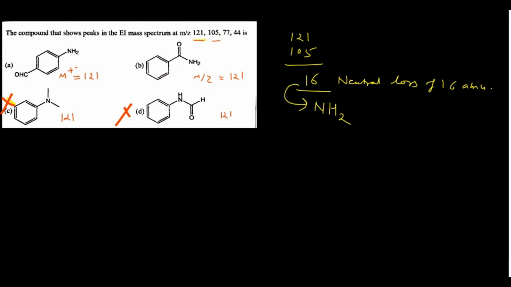But again, if you remove this NH2 from here as a neutral species, the species which will form here as the cation would not be a very stable cation. So this is not feasible. We cannot remove this NH2 from here, so you can discard this again. But in that case, you can very easily remove this NH2 from here to get the next peak at 105. So option B in that case looks like the correct answer.